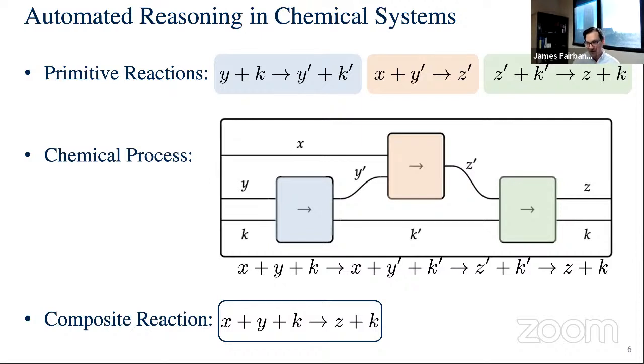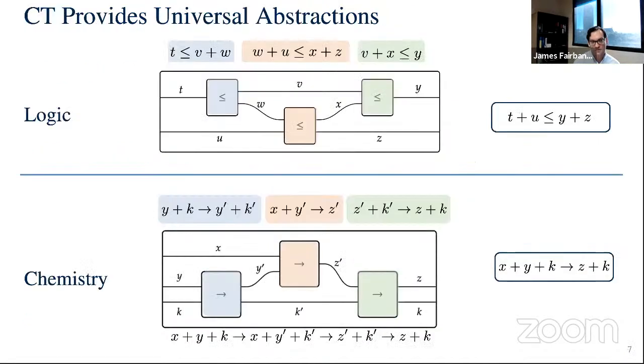And so this very same abstraction of string diagrams in a monoidal preorder gives us an automated reasoning system, like a proof assistant, or a chemical reaction designer type thing. So that's the flavor of why we care about these category theoretic abstractions, so that we can build software that translates between different disciplines because it gets the mathematical abstractions correct.